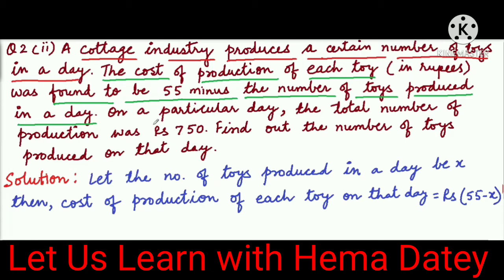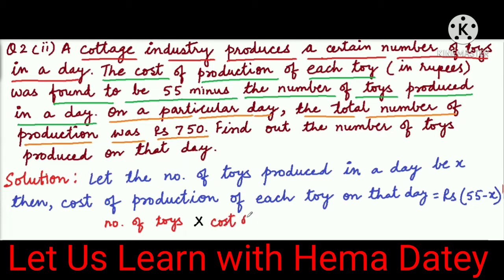Now read the third line of the question. On a particular day, the total cost of production was rupees 750. It means number of toys multiplied by cost of production of each toy is equal to total cost of the production.